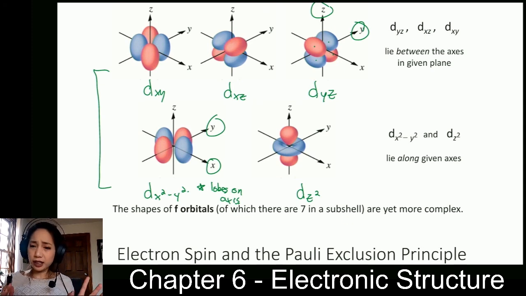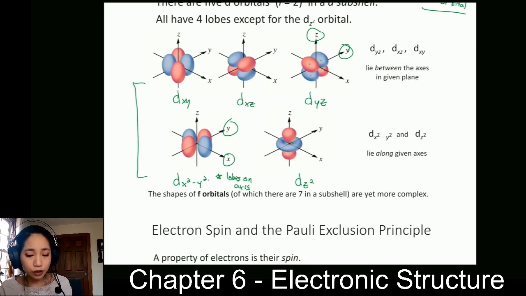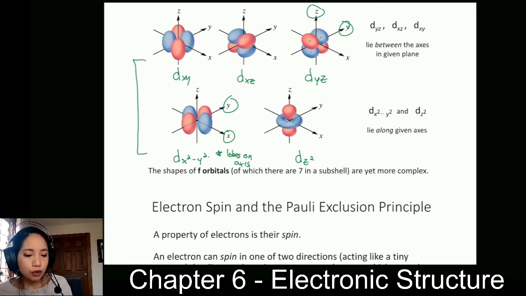If you think about the number of lobes as we increase, s has 0 lobes, p has 2 lobes, d has 4 lobes, so you can imagine how many lobes f orbitals have. They have 8 lobes, and so they're much more complex, and we won't go into that. All right, so those are our orbital shapes.